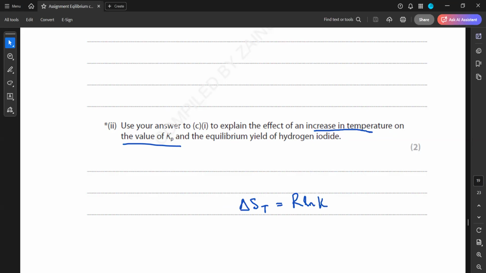That's why it's written only K. So when we increase the temperature, the value of Kc or Kp, for an exothermic reaction, will decrease. So what happens to the total entropy? As it is directly proportional, the total entropy will also decrease.